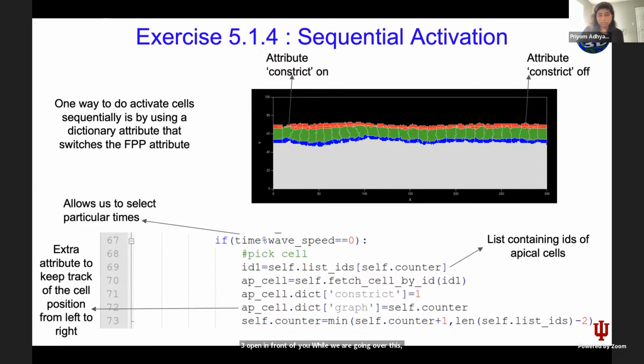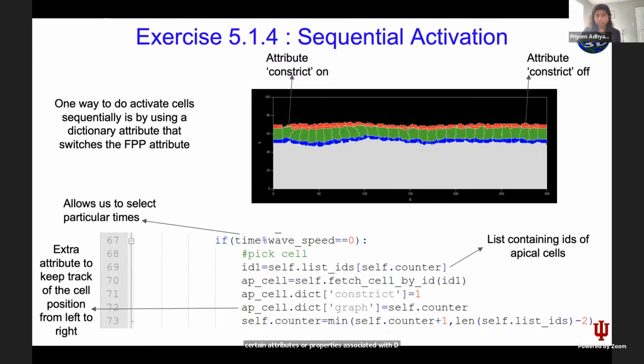So the idea is that we're going to sequentially start activating cells from the left-hand side of the simulation. We're going to use two attributes. One of them is called the constrict attribute, and one of them is called the graph attribute. These are ways of CompuCell creating dictionary objects that allow us to put certain attributes or properties associated with these cells.